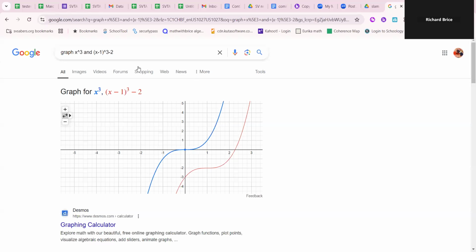So what I did here was I typed the equation into y equals. Well, I did it into Google graphing, but you can do it into y equals. And what I want you to notice is that here is the point of inflection, and here is the point of inflection. So it moved 1 to the right and 2 down.